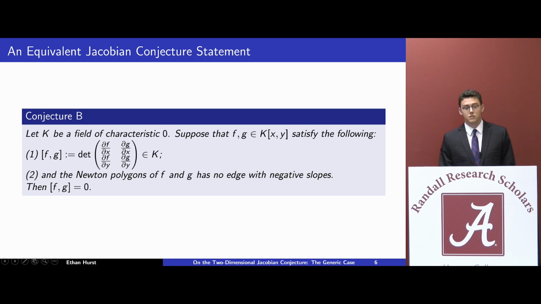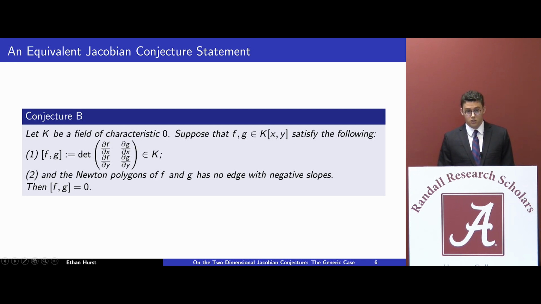And so this allows us to give an equivalent Jacobian conjecture statement using the idea of Newton polygons. So if we let K again be a field of characteristic 0, and we suppose that f and g are polynomials in this polynomial field K, we want f and g to satisfy the following.